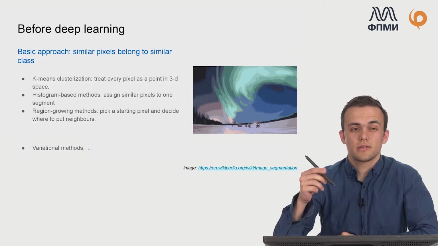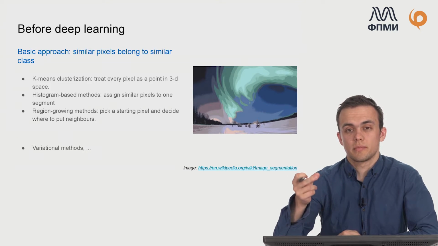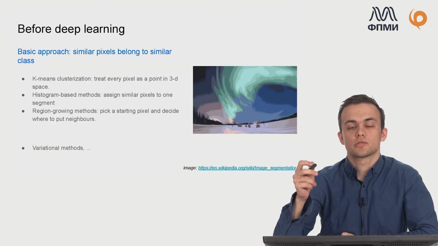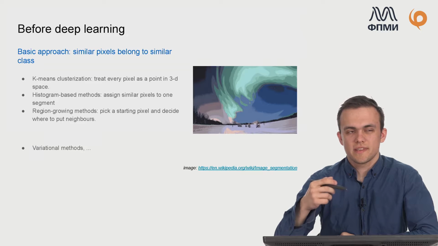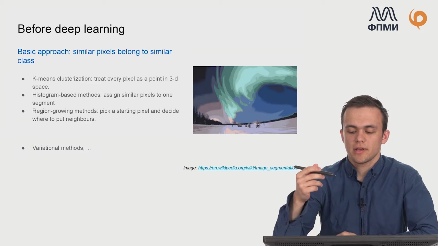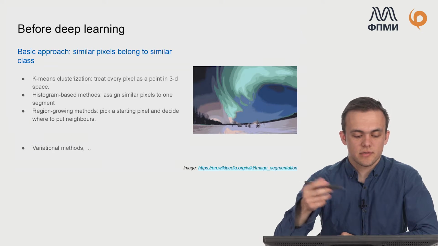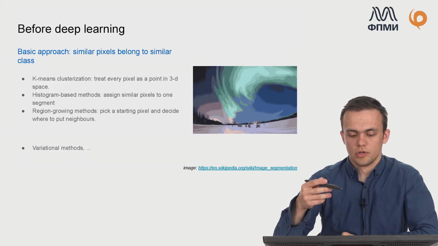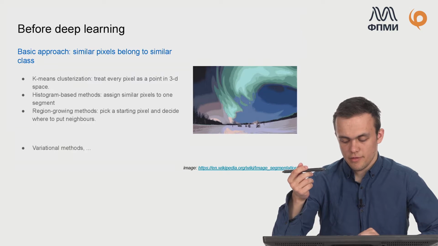So basically, using this idea of distance between pixels, which can be determined as a sum of squared differences, you can run basic clusterization algorithms like k-means, and you are treating every pixel as a point inside a three-dimensional space.